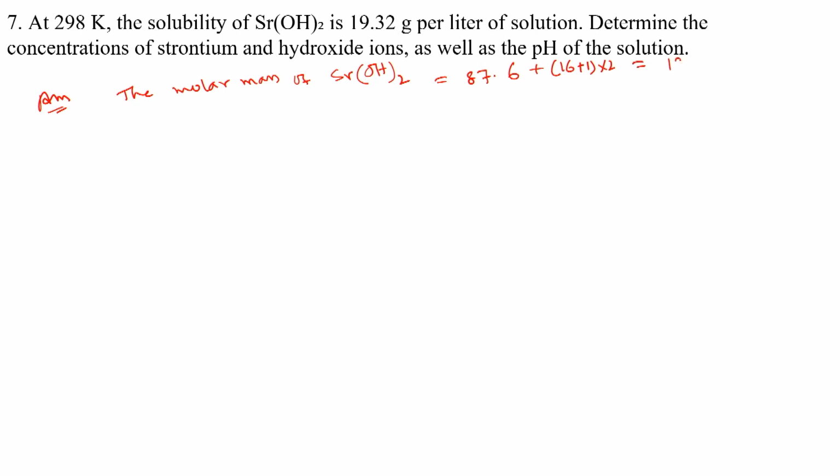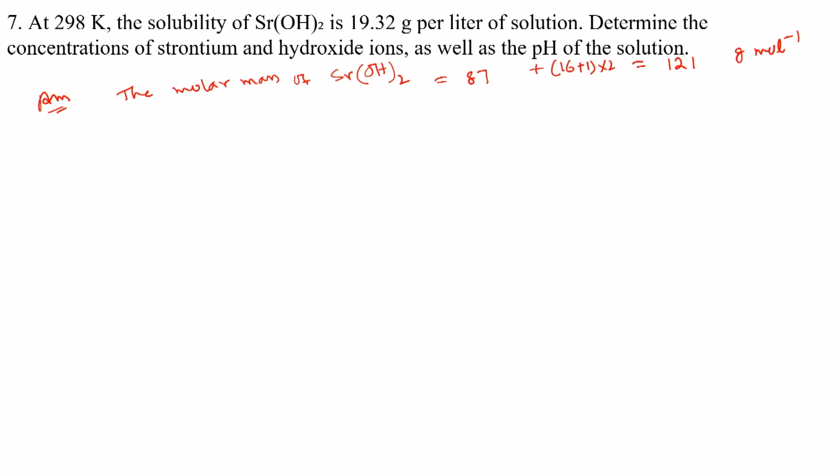So we get 121, roughly you can consider 121.6 grams per mole. So this is the molar mass of SrOH2. If we consider only 87, that is also fine. To make our life simpler, we write 87 plus 16 plus 1 times 2, so we get 121 grams per mole.